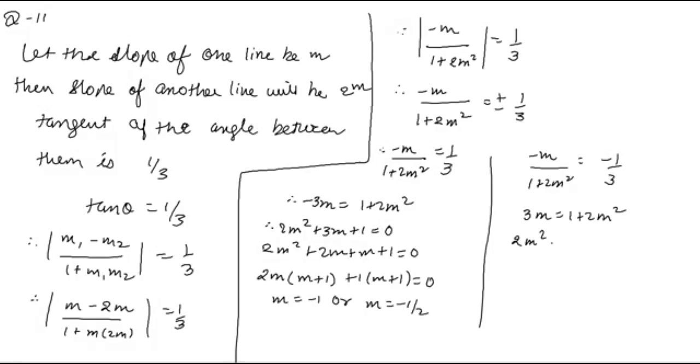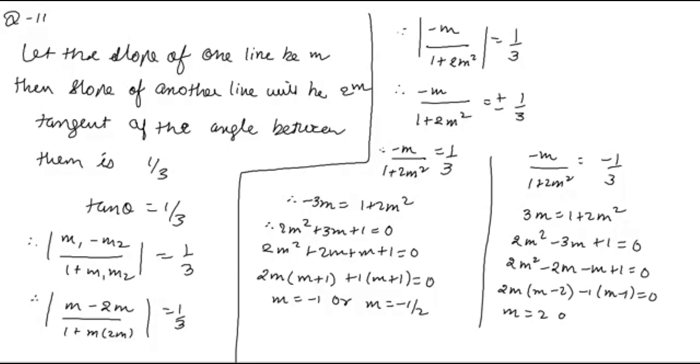So 2m square minus 3m plus 1 equal to 0. So I got the value of m as 1 or m as 1 by 2.